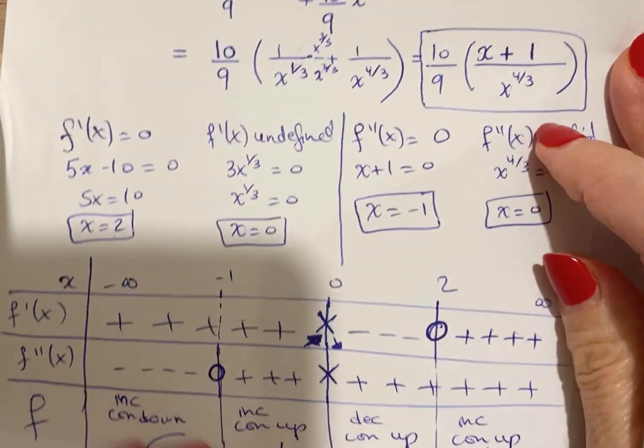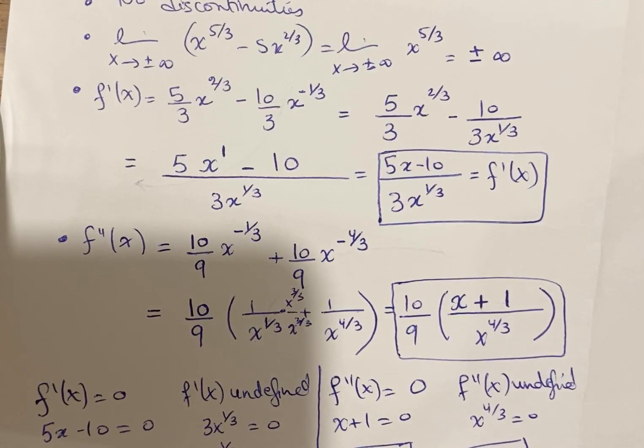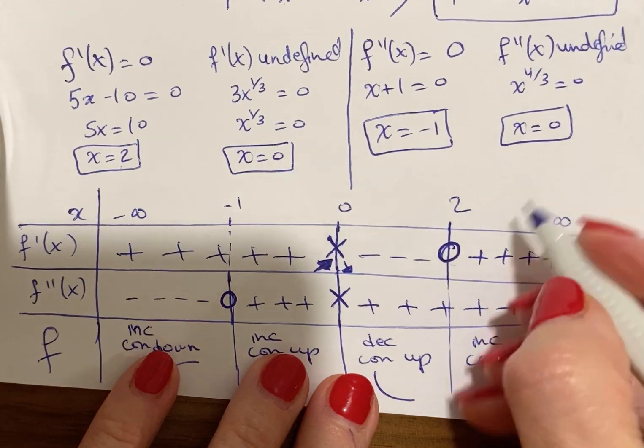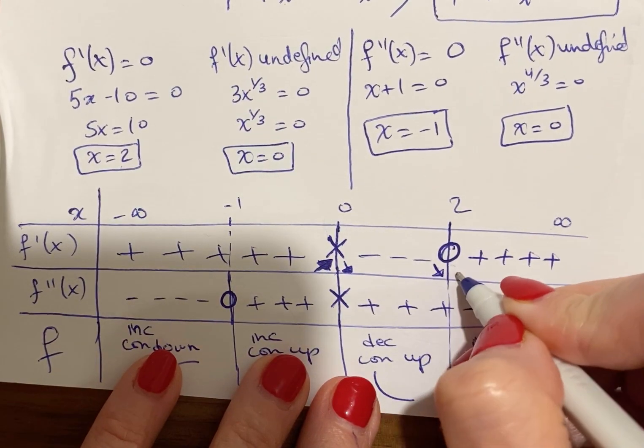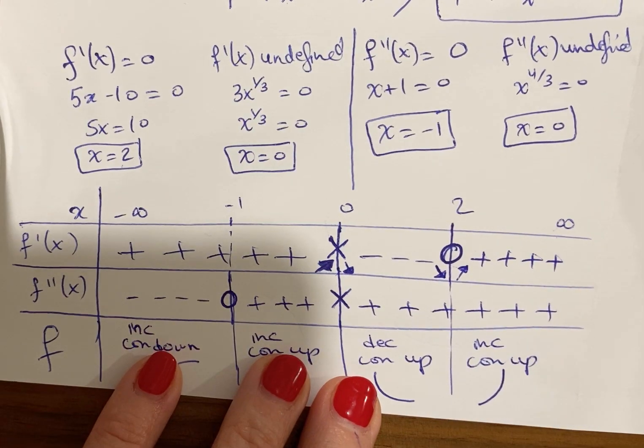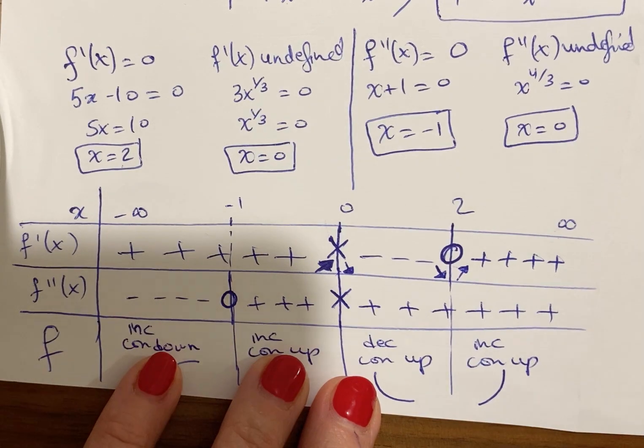A local max, where at x equals 0, we need to find the y as f of 0. What do we have? Another extreme value. It was decreasing, it started to increase. So what do we have? A local minimum when x equals 2, and we find y which is equal to f of 2.